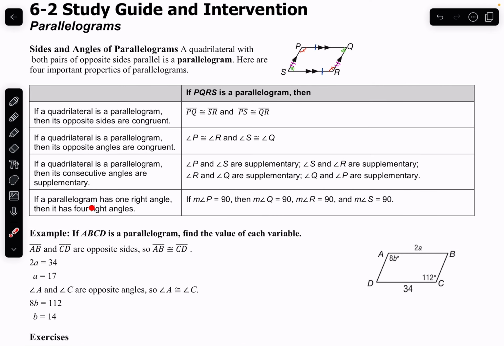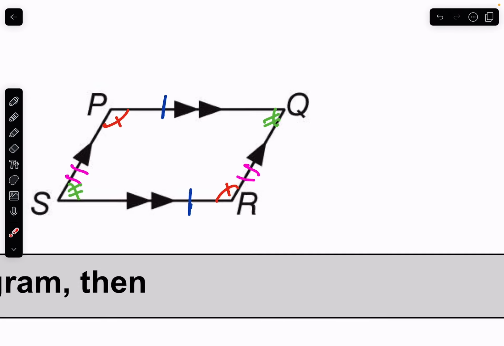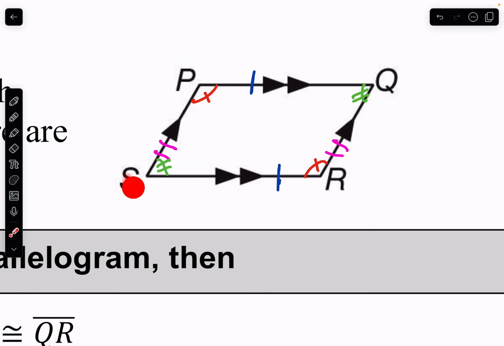If a parallelogram has one right angle, then it has 4 right angles. Well, here's the big situation over here. If angle S happens to be 90 degrees, that makes it a right angle. So if angle S is a right angle, then the opposite angle is also going to be 90 degrees, or a right angle.